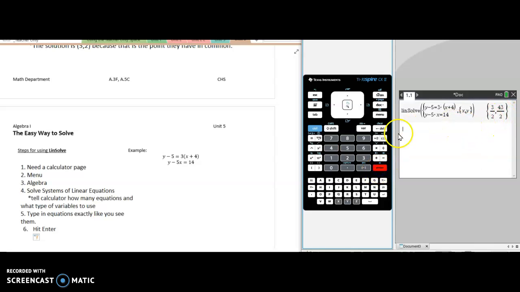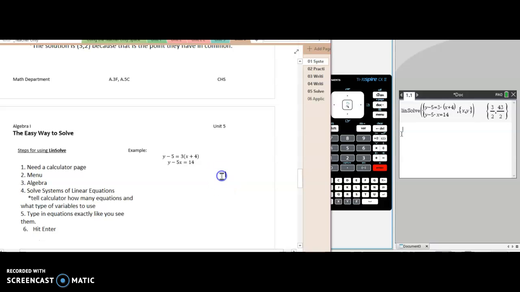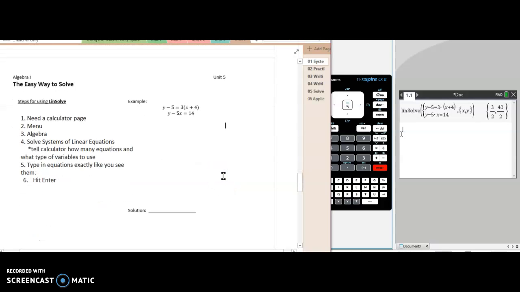And what that does is it gives you the answer, okay? So it gives you the solution here, okay? So the solution over here is, oh gosh, let's see. The solution is 3 over 2. So my x value is 3 over 2. My y value is 43 over 2, okay?